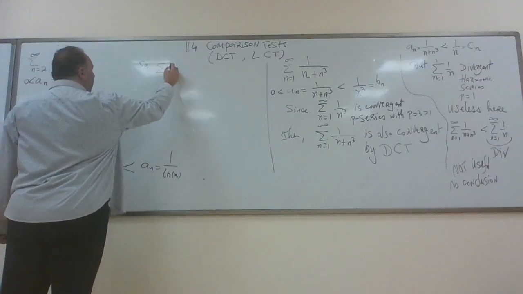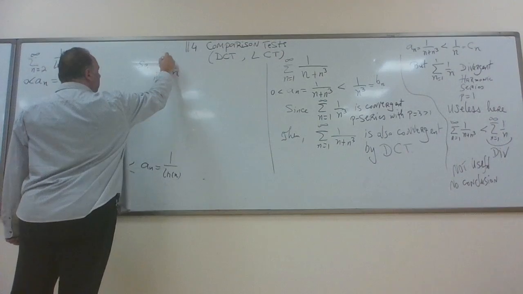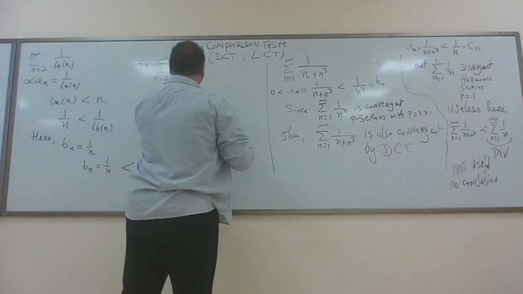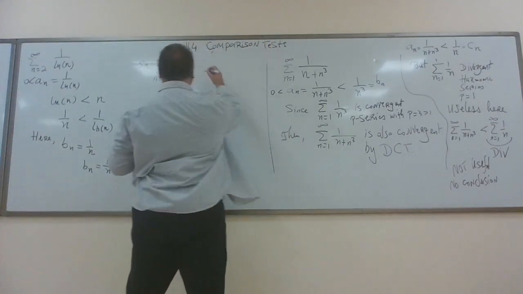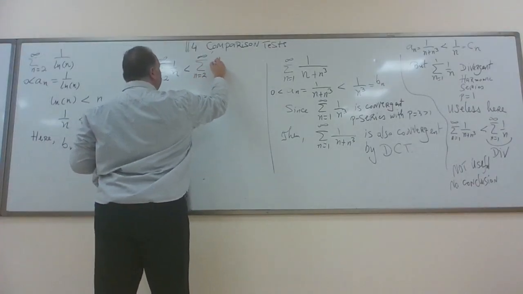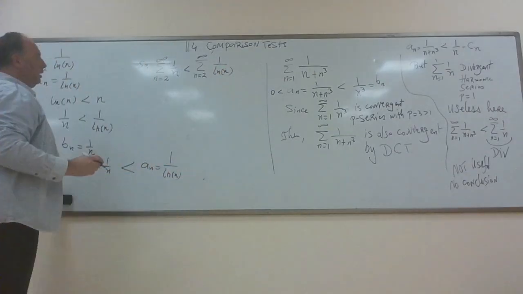So the smaller series, and again we start from 2. The smaller series now is divergent, so this helps me conclude, right?